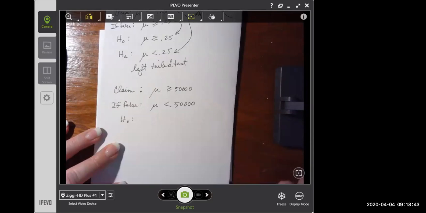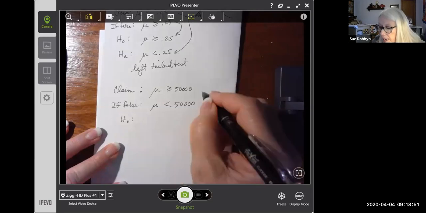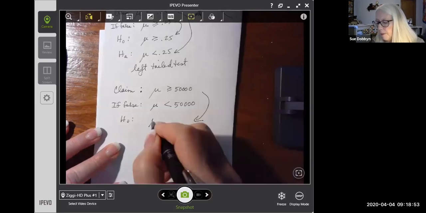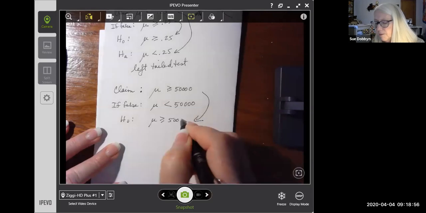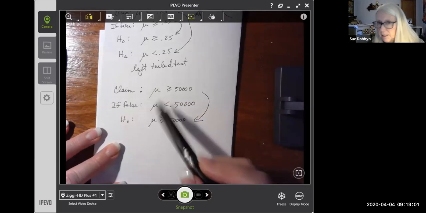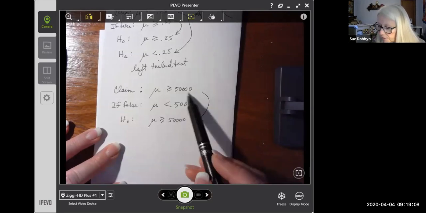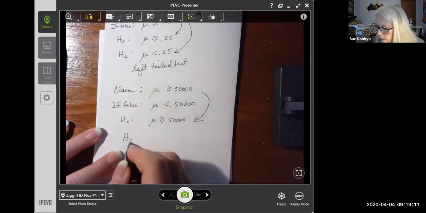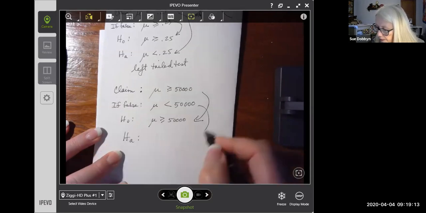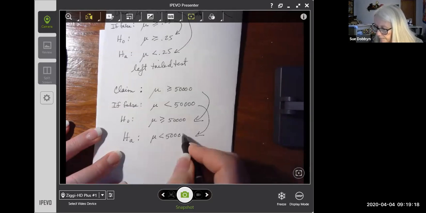Less than 50,000. No, the greater. The claim has to become the null hypothesis, because the one that becomes the null hypothesis is the one that contained the possibility of equal. Okay, so this is the only one that contains the equal sign, and that leaves the alternative hypothesis to come from the if false statement, and that makes this a left-tailed claim.